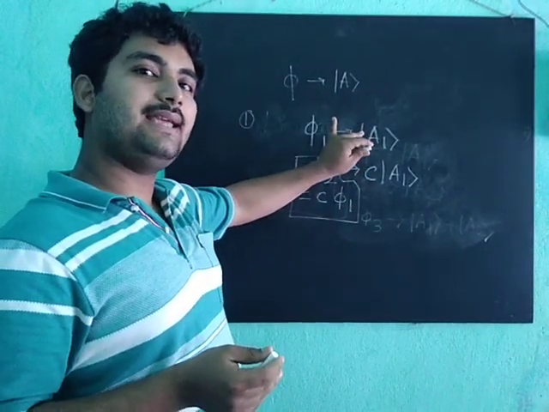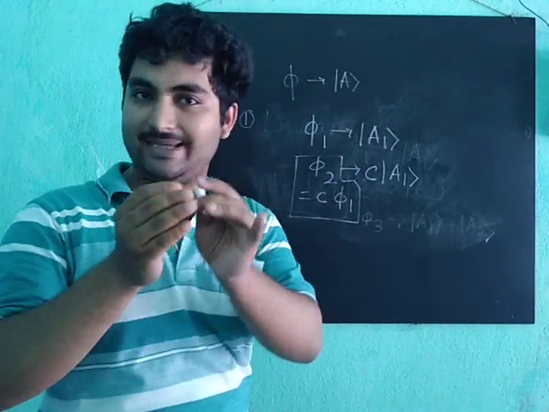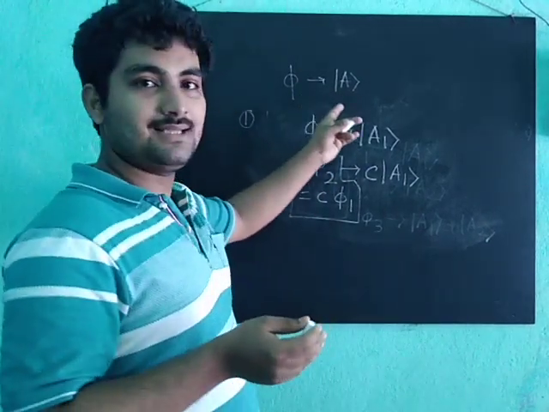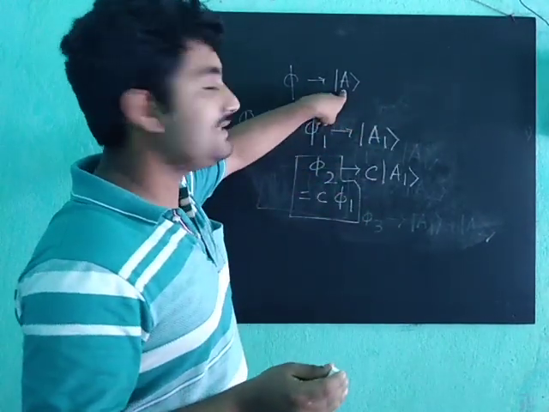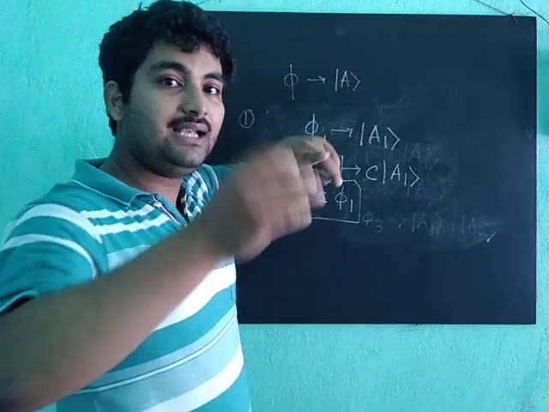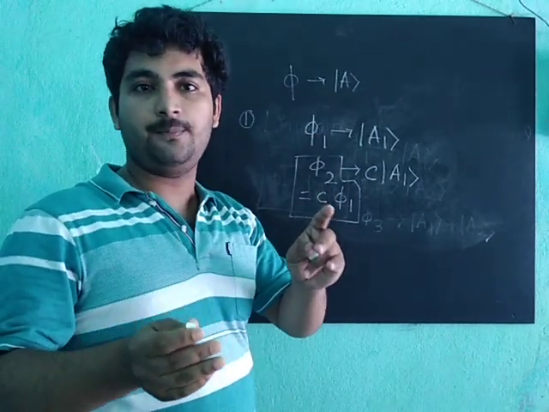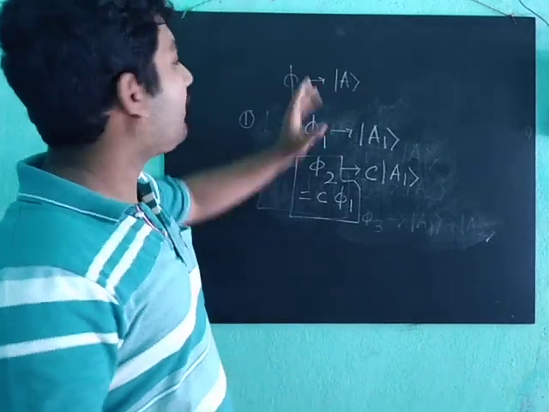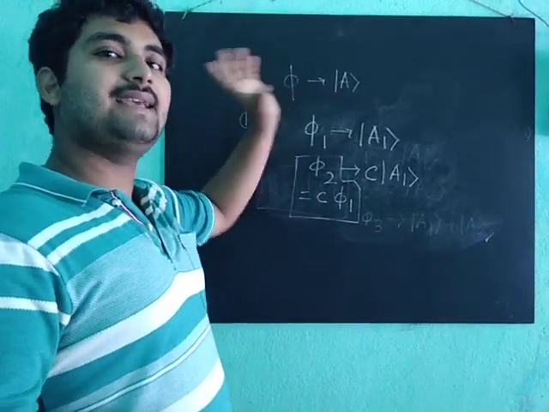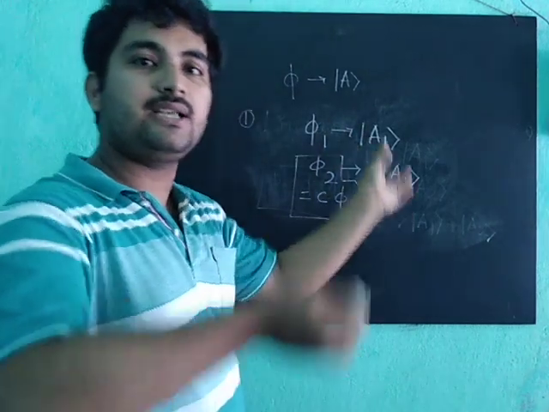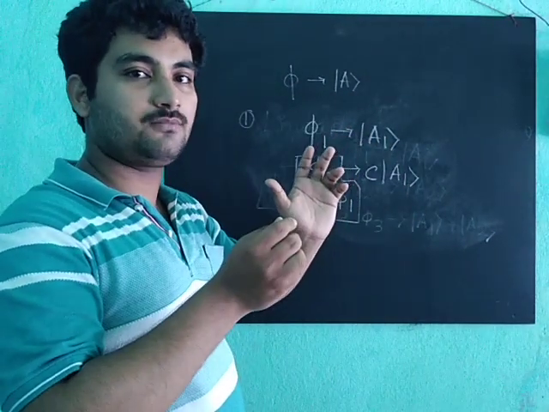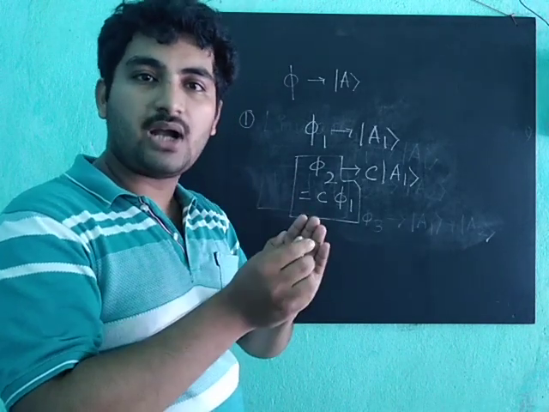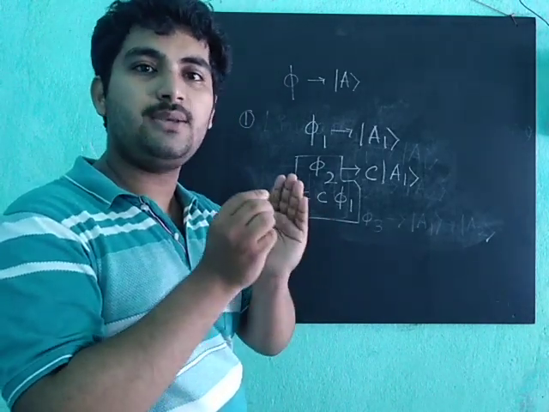So phi is like a scalar product. Now to have a scalar product, we need two vectors. So phi is a scalar product of this ket vector A with a new, different kind of vector. We will define what that vector is. This new vector is called a bra vector, or simply a bra.